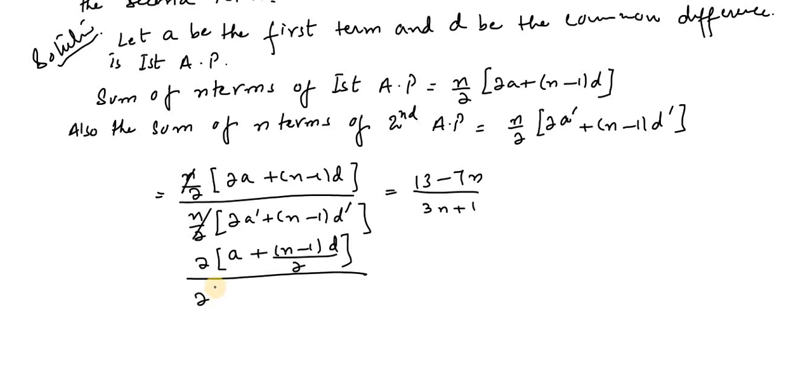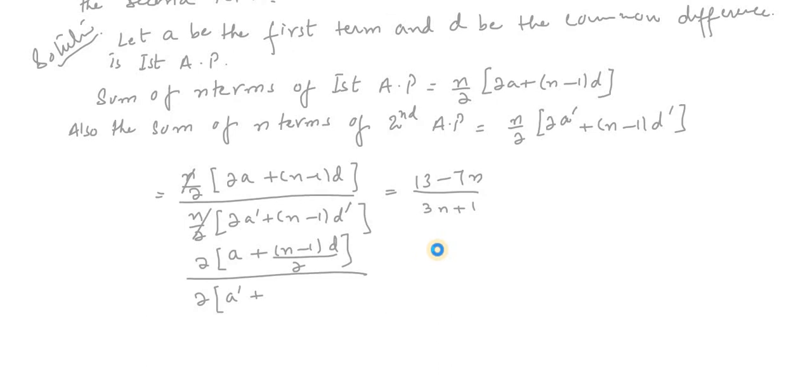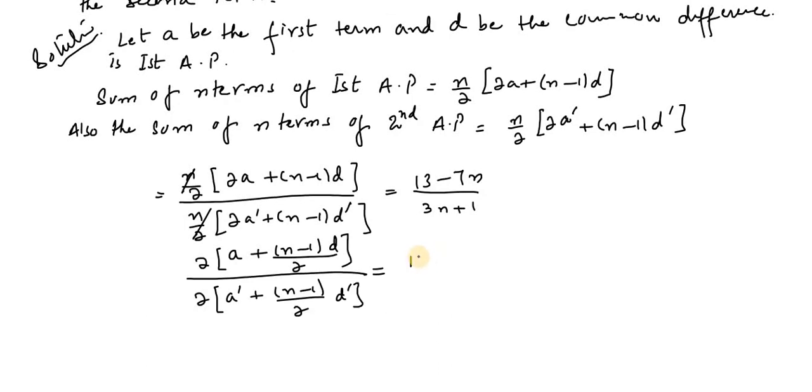We take 2 as a common factor from the denominator also. So a dash plus n minus 1 upon 2 d dash is equal to 13 minus 7n upon 3n plus 1. 2 is cancelled with this 2.